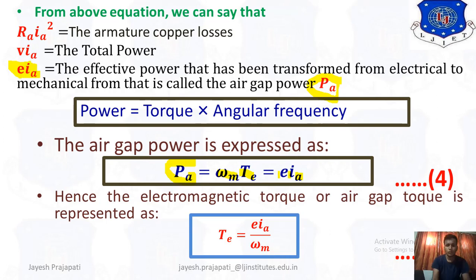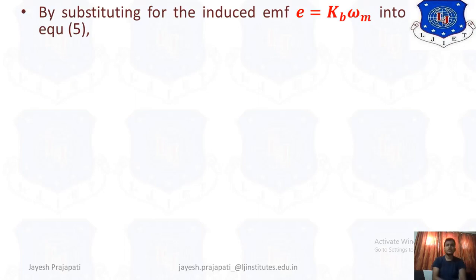Now, by substituting for the induced EMF, E is equal to KB into omega m. In the previous video we derived the equation for induced EMF, which includes the equation E is equal to KB into omega m.